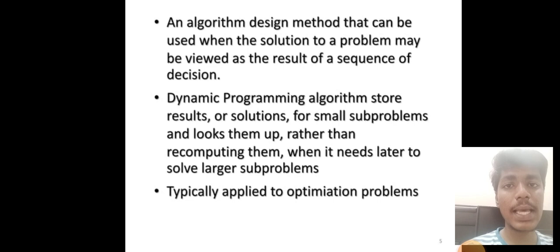This algorithm design method can be used when the solution to a problem may be viewed as the result of a sequence of decisions. Dynamic programming algorithms store the results for small subproblems and look them up rather than recomputing them when solving larger problems. In divide and conquer, a large problem is divided into subproblems and we need to calculate the solution for each and every subproblem, with no storage concept.